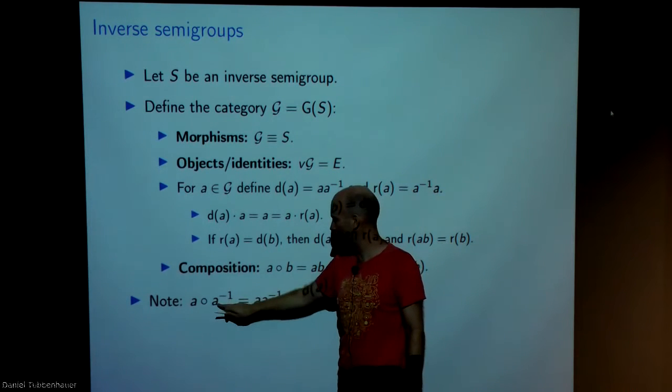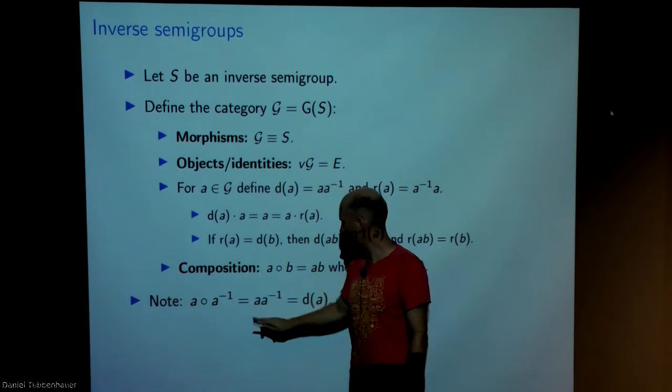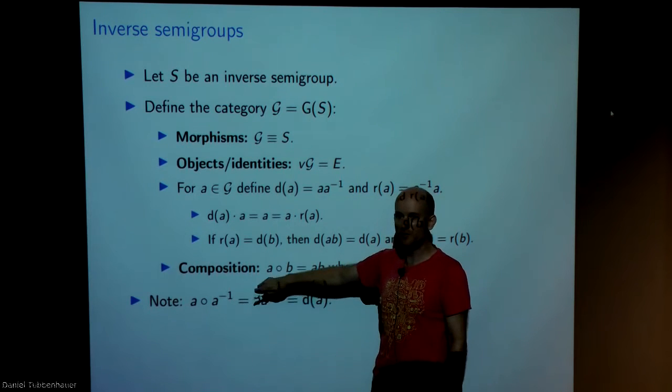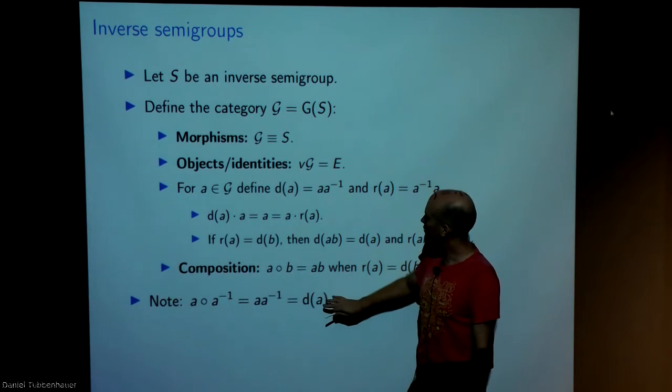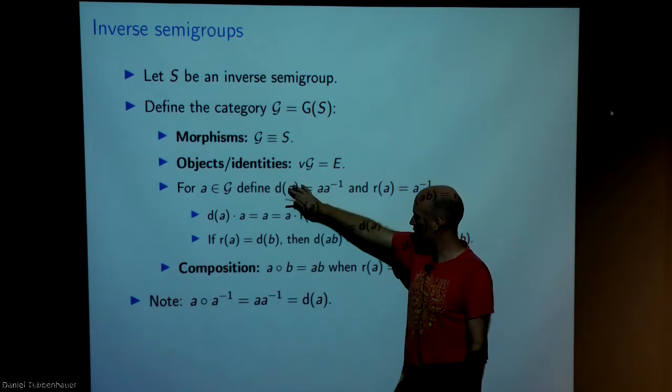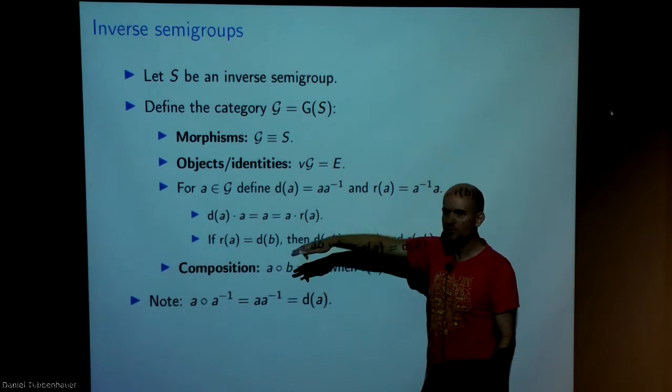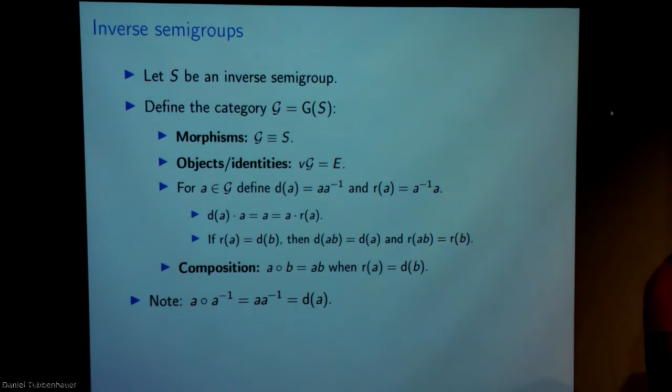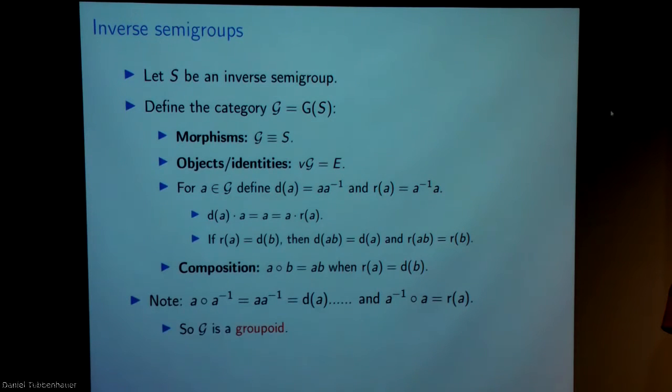So we can compose things, and if we can compose them, then the composition is just defined to be the product, and that's just defined to be the domain of A. So with a similar calculation for the range, this tells us that we've got a groupoid. Every element is invertible, and the inverse in the groupoid sense is just the semigroup theoretic inverse.